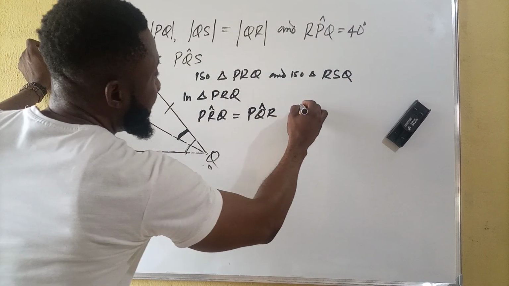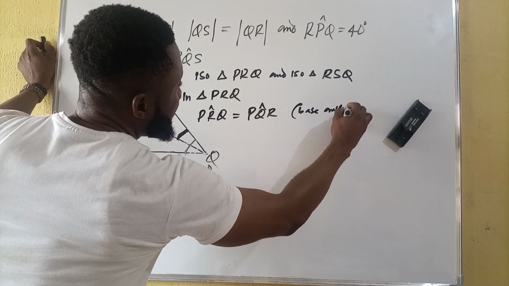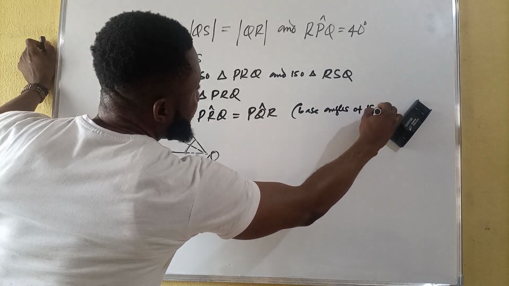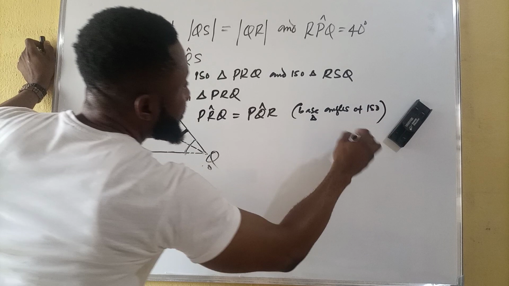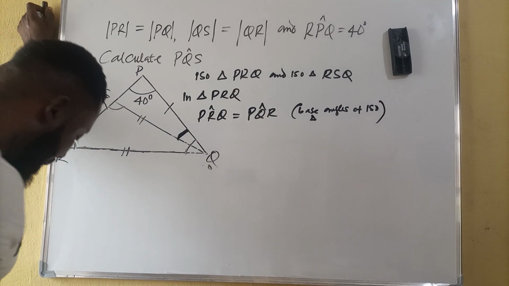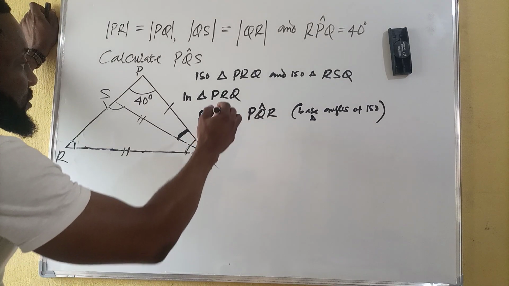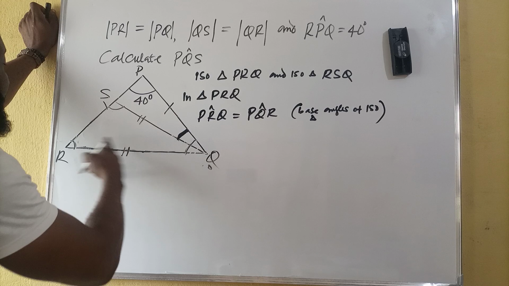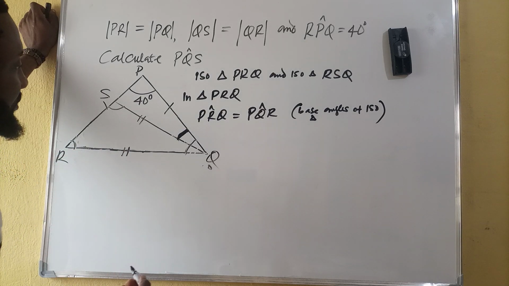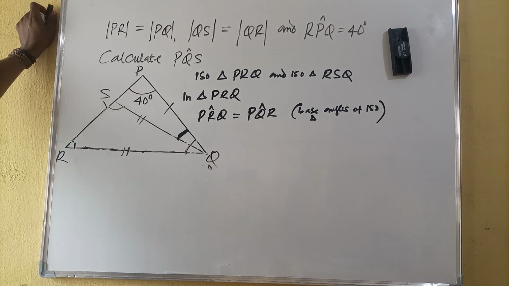The reason is that they are called base angles of isosceles triangle. So if this angle and this angle are equal, this angle plus this angle plus this angle will give you 180 degrees. The sum of angles in a triangle.